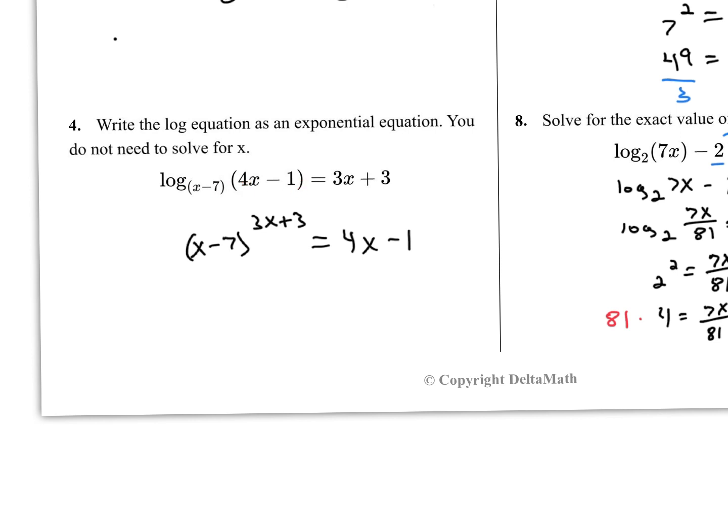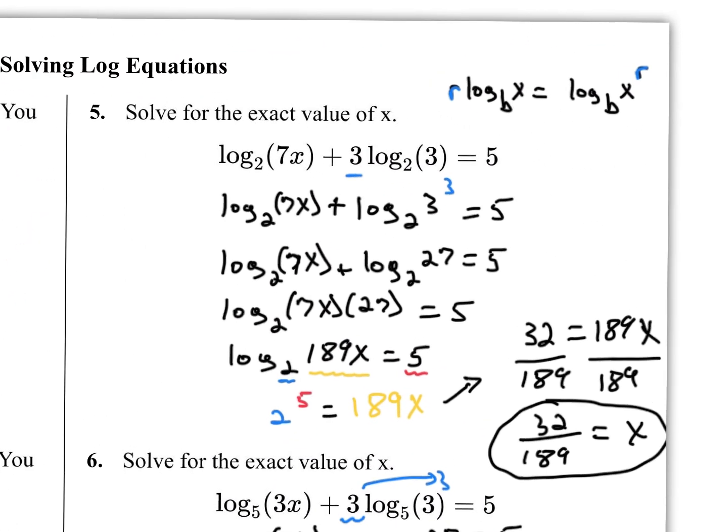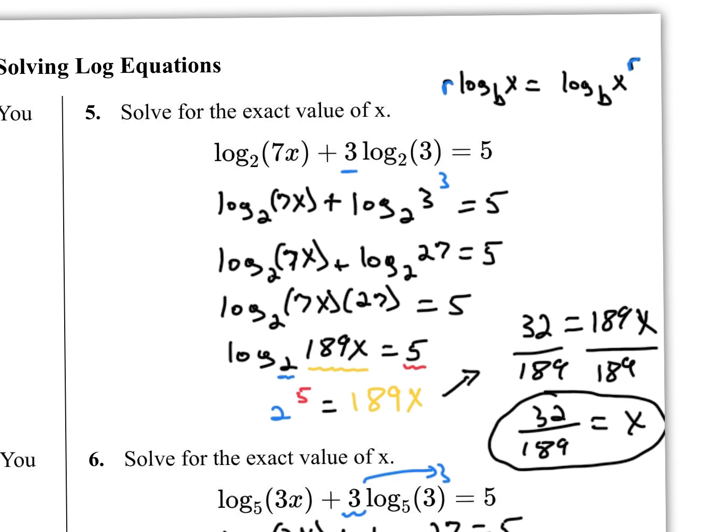All right, now let's do some solving. So I'm going to zoom in here on number 5. You see here that we have log base 2 of 7x plus 3 log base 2 of 3 equals 5. Now, this is the addition of logs, which we're going to write as multiplication. However, before we do that, we're going to use our power rule with this 3 right here.